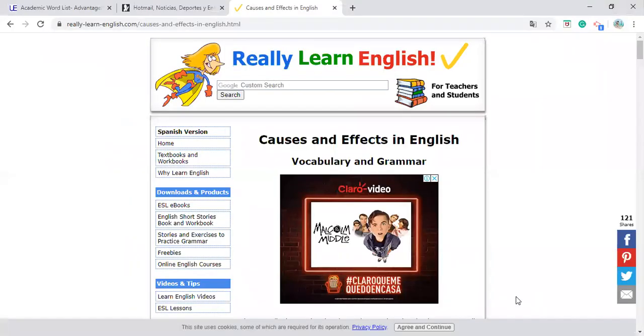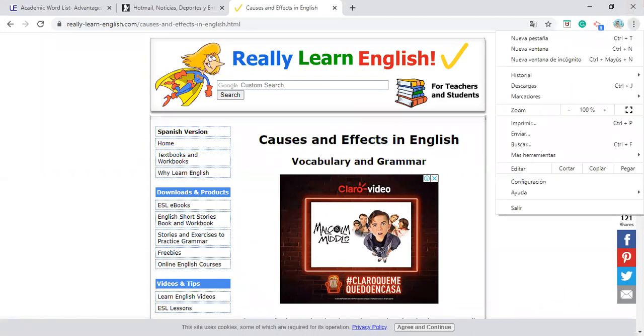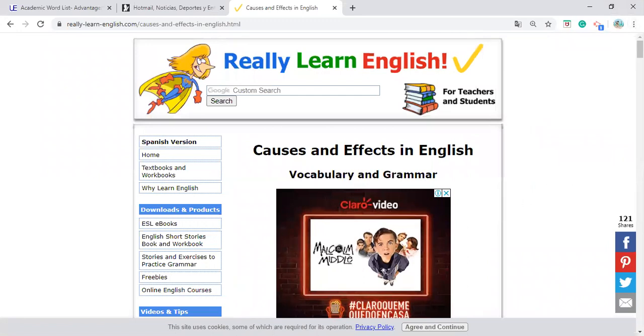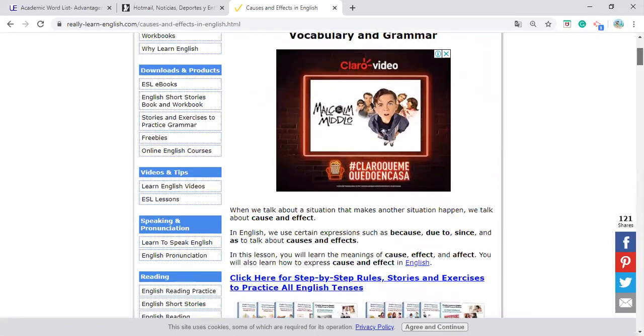Aquí, chicos, les estoy compartiendo una página en donde viene Causes and Effects in English. Recuerden que ahí tienen que utilizar el primer condicional para hablar de las causas y para hablar de los efectos, pero también pueden utilizar estas expresiones que les voy a mostrar.